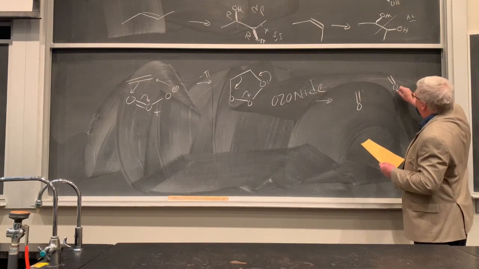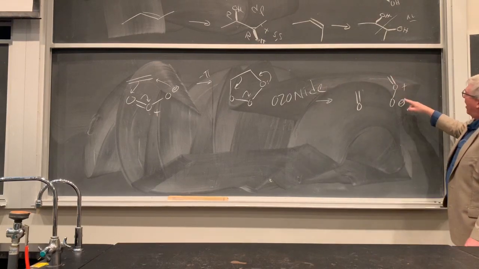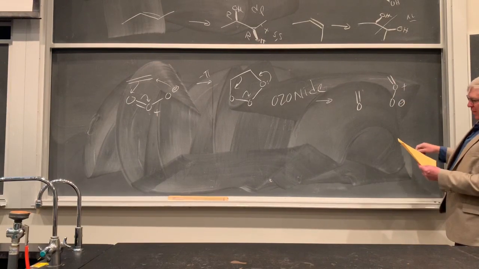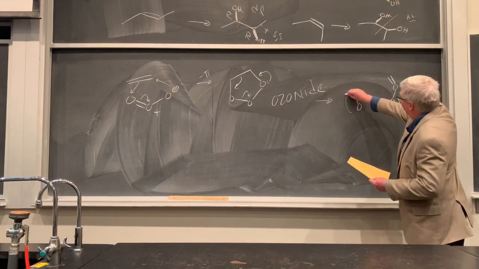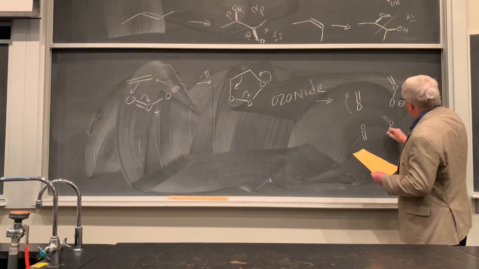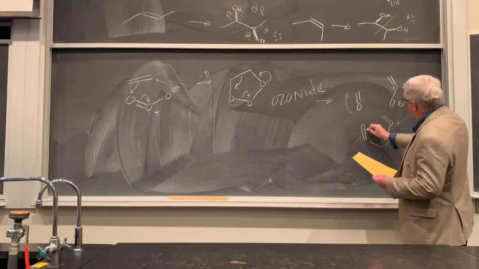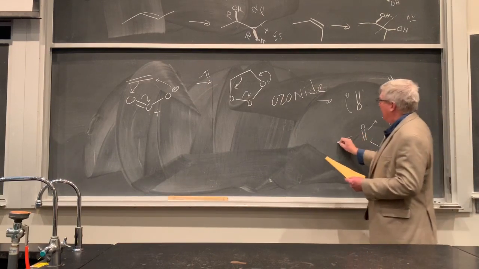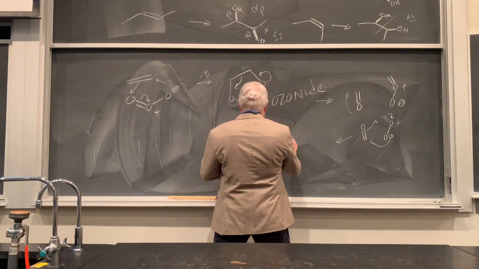One side over here will be what's called a carbonyl oxide. And we don't need to worry about that, but this can actually flip over to give this arrangement, and then this can snap back shut to go from one ozonide to this other one, which looks like this.